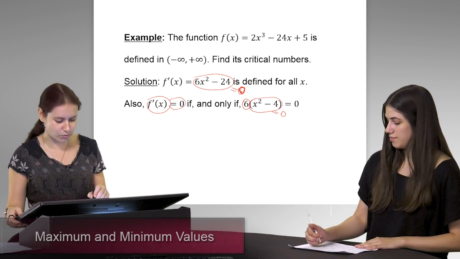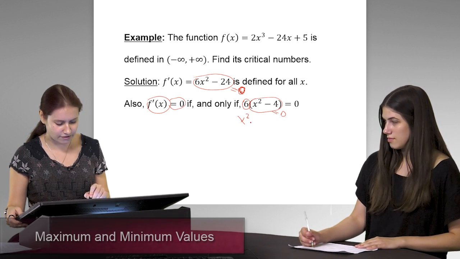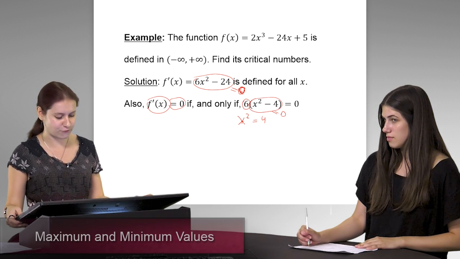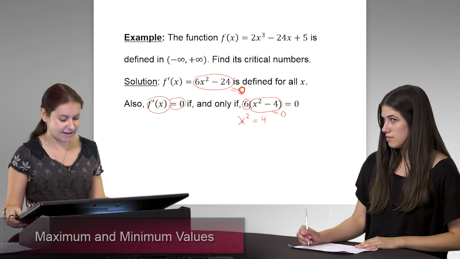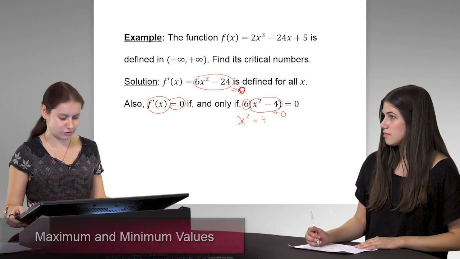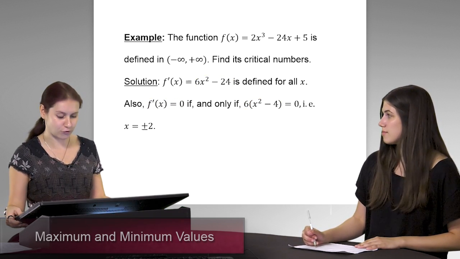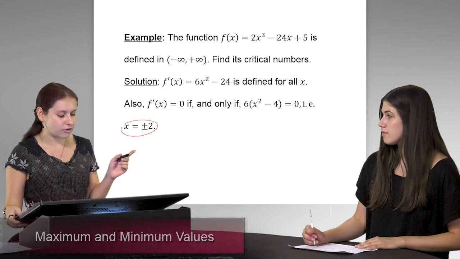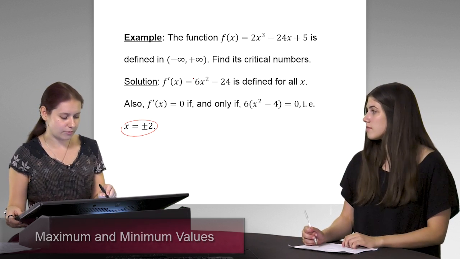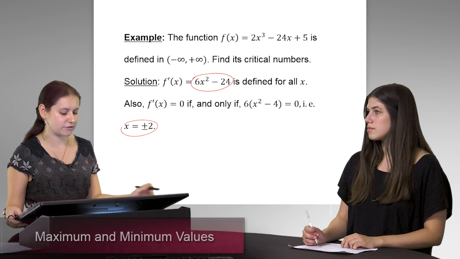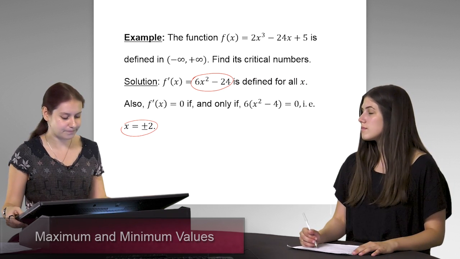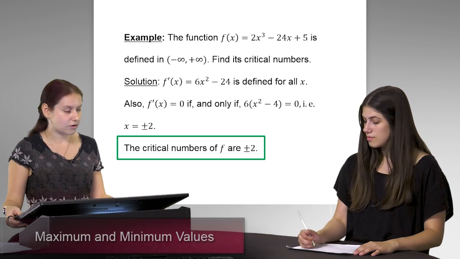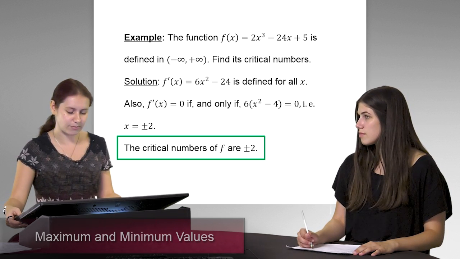Good. x squared is 4, and x will be plus or minus 2, the square root of 4. So we have 2 points here. Usually after this, you check at what points your derivative does not exist, but it is defined everywhere, so we don't do that. Here we have critical numbers of the function, two of them, plus and minus 2.